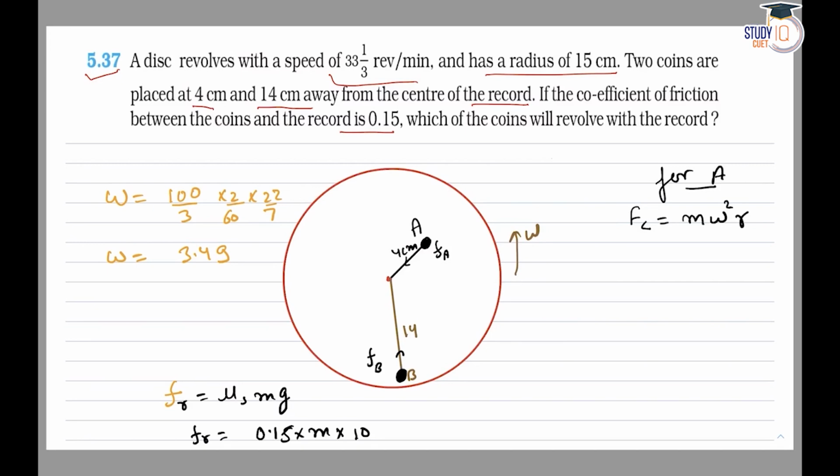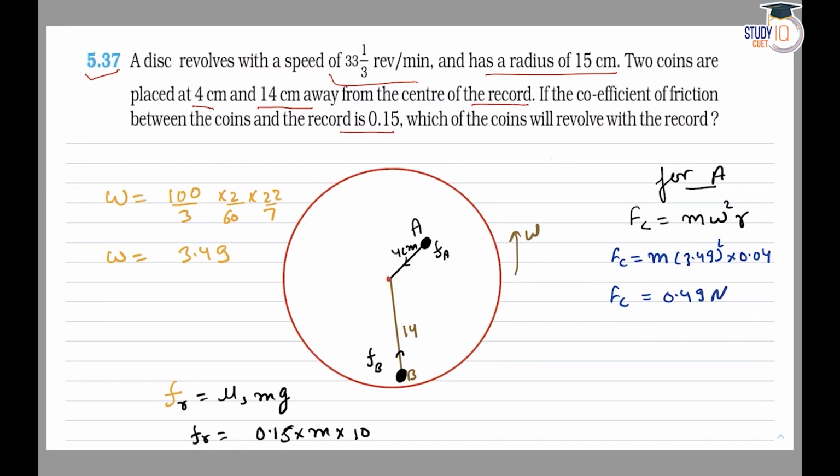So for case A, the centripetal force is equal to m omega square into r. Mass m, omega is equal to 3.49, and the radius is equal to 4 centimeter, which can be written as 0.04 meter. On solving this, the centripetal force for A is equal to 0.49 m Newton.